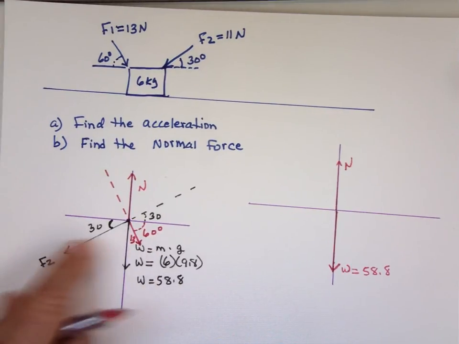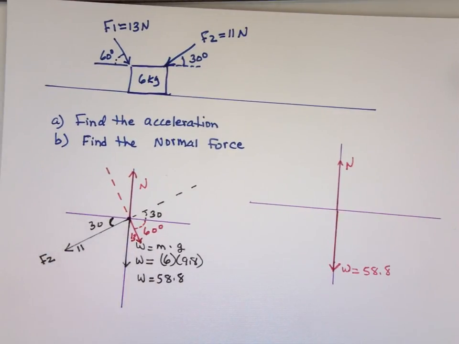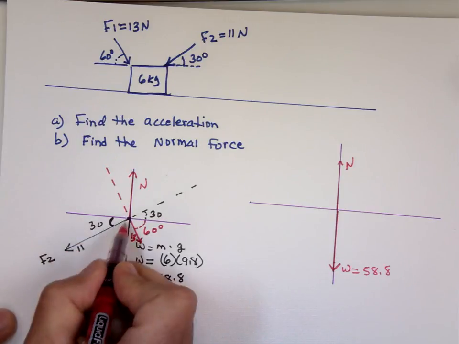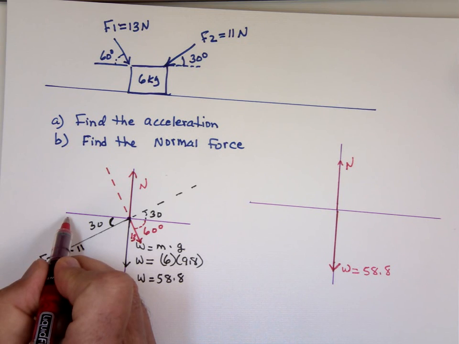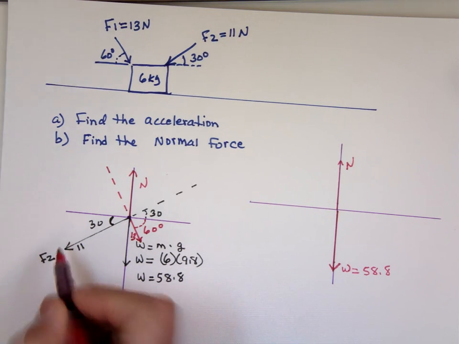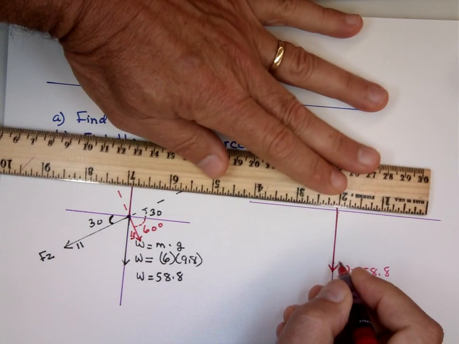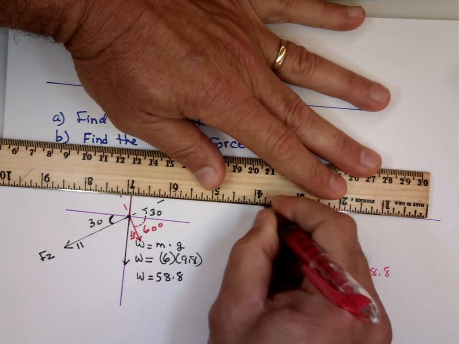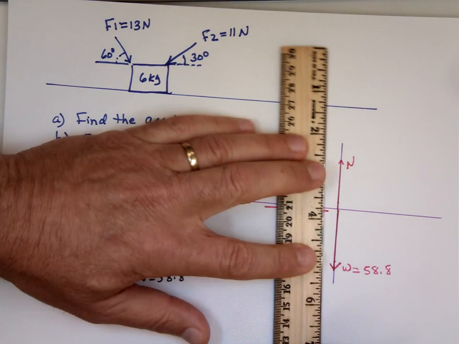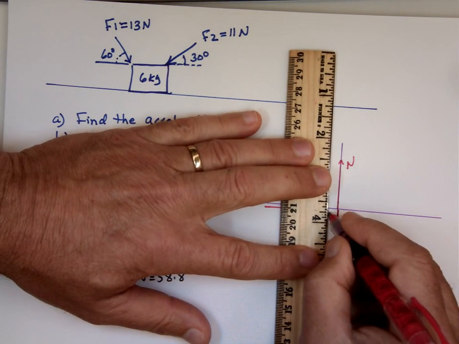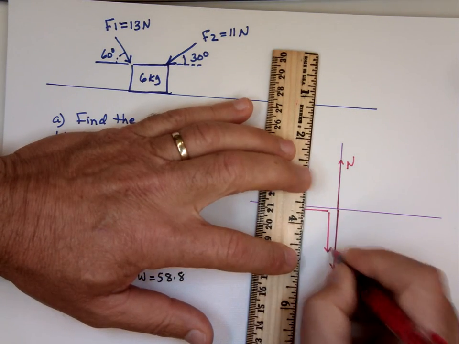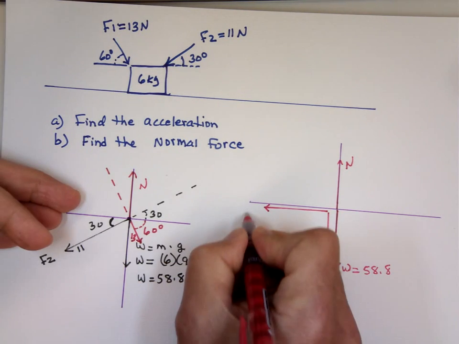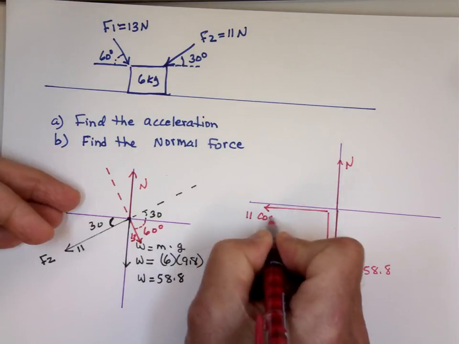F1 is pushing this way, so to go from here to there, you have to go to the left and down. So it's going to have a component to the left and one down. The one to the left is going to be 11 cosine, because x is always the cosine, right?